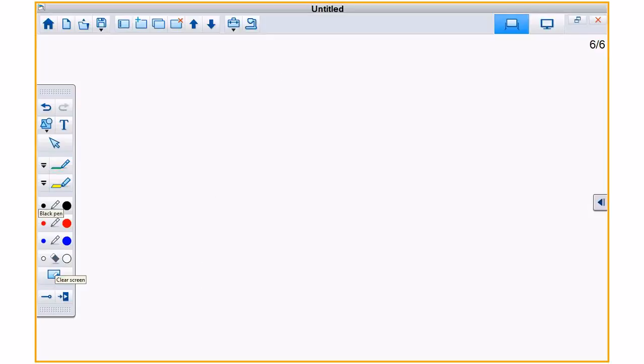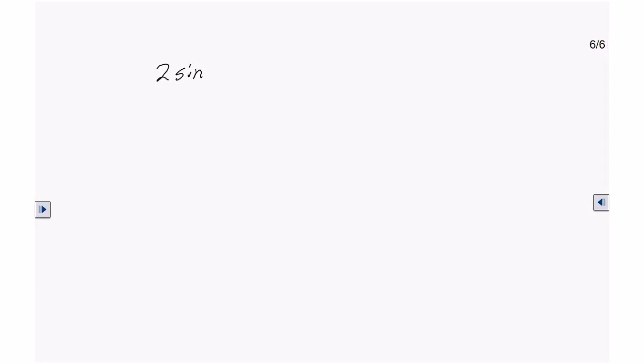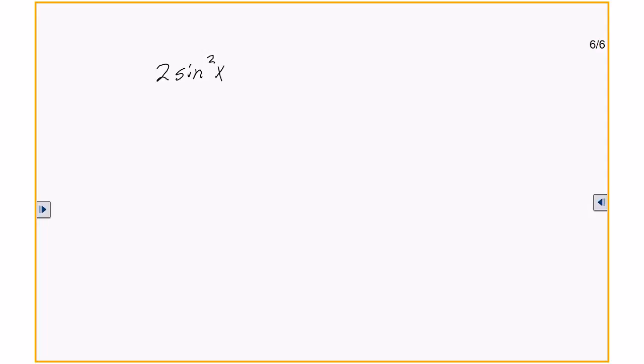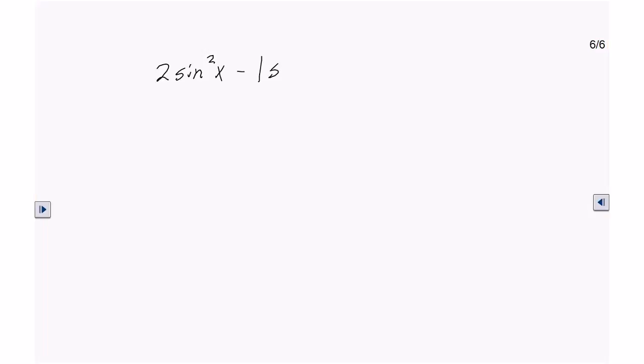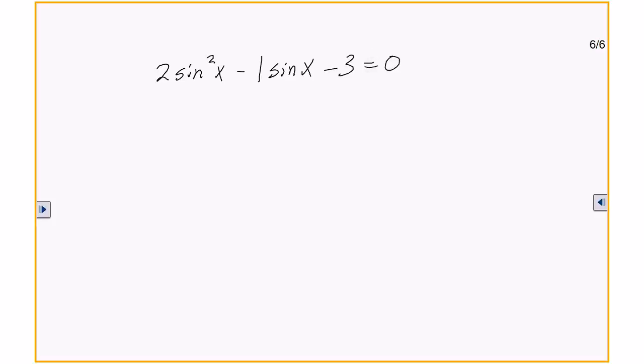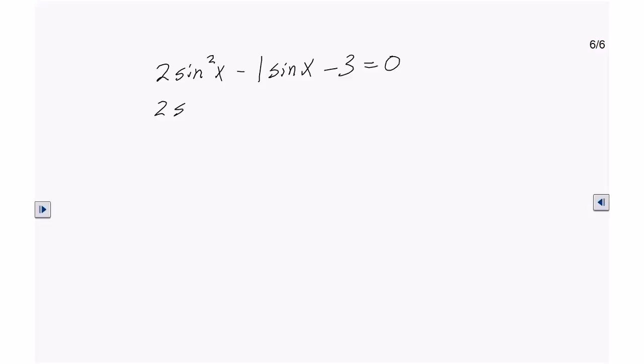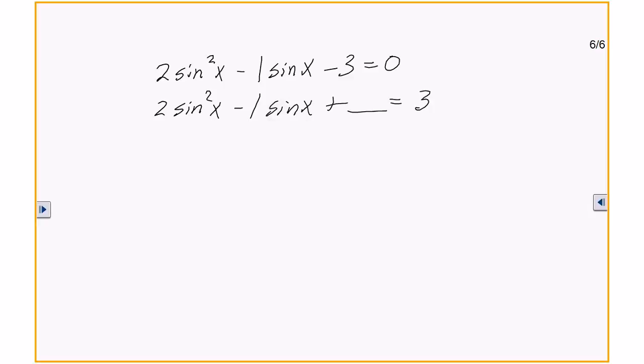2 what? 2 sine squared x minus 1 sine x minus 3 is equal to 0. So 2 sine of x minus 1 sine of x plus blank is equal to 3 plus blank.